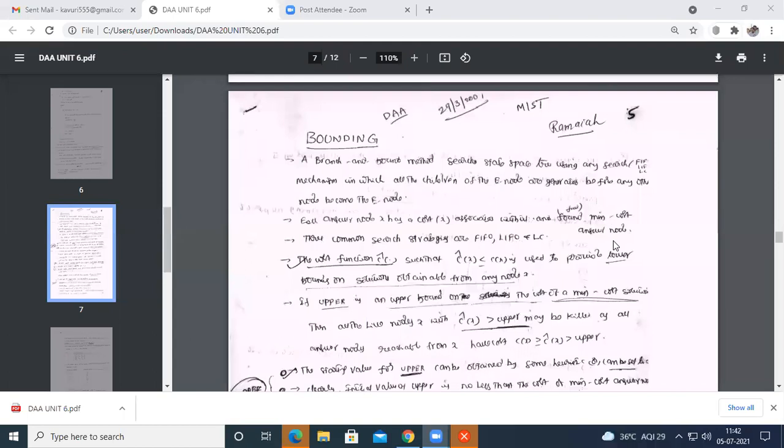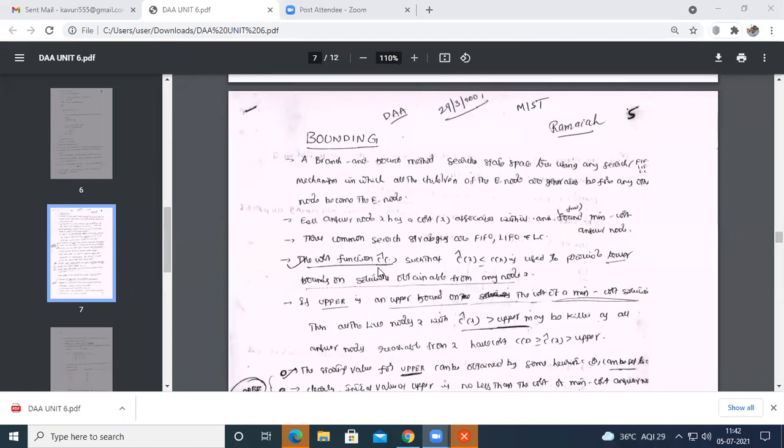There are three strategies to find the answer node: either FIFO, LIFO, or least cost search. In these three methods, we use a cost function.